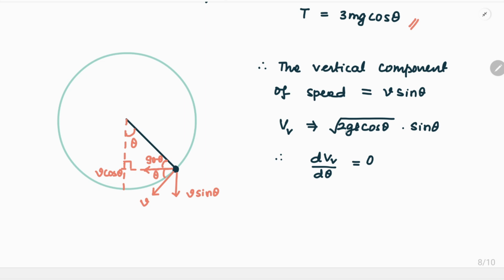Over here, root 2gL being constant, we have root cos theta and sin theta to be differentiated. If we keep root cos theta constant and differentiate sin theta, we get cos theta.